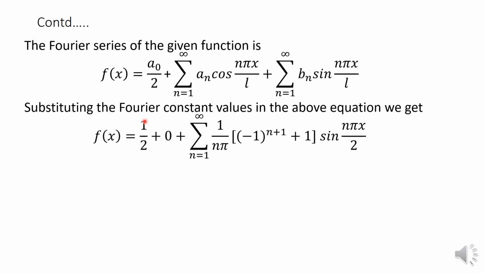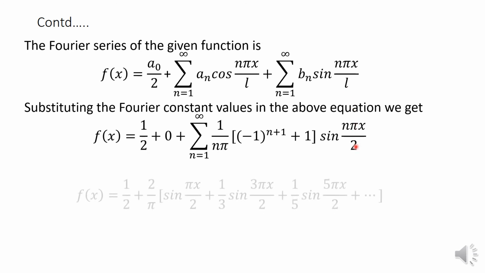a0 is 1, so we get 1 by 2 plus, and the middle term goes off because an is 0, plus in the last term sigma n is equal to 1 to infinity, I am substituting for bn, it is 1 by n pi times minus 1 to the power of n plus 1 plus 1 into sin n pi x by l, where the period is 2.